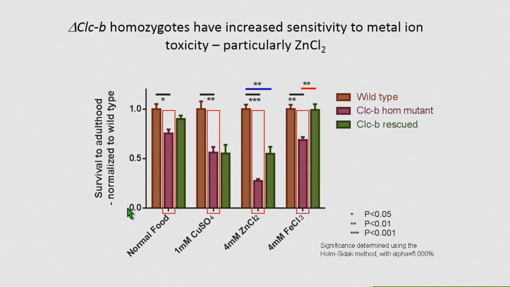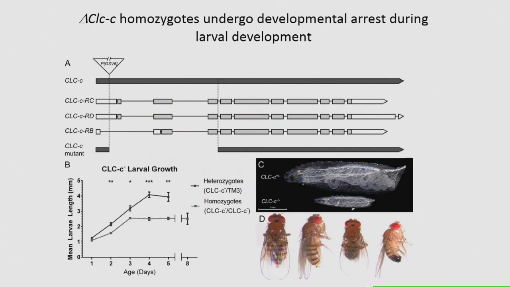And hopefully what you can see here is that the mutants on their own on normal food have a slightly reduced survival, but this reduced survival is greatly exacerbated on the metals. In particular, zinc chloride has a very strong detrimental effect on the survival. So we think that these flies may have issues with dealing with heavy metal stress as well.